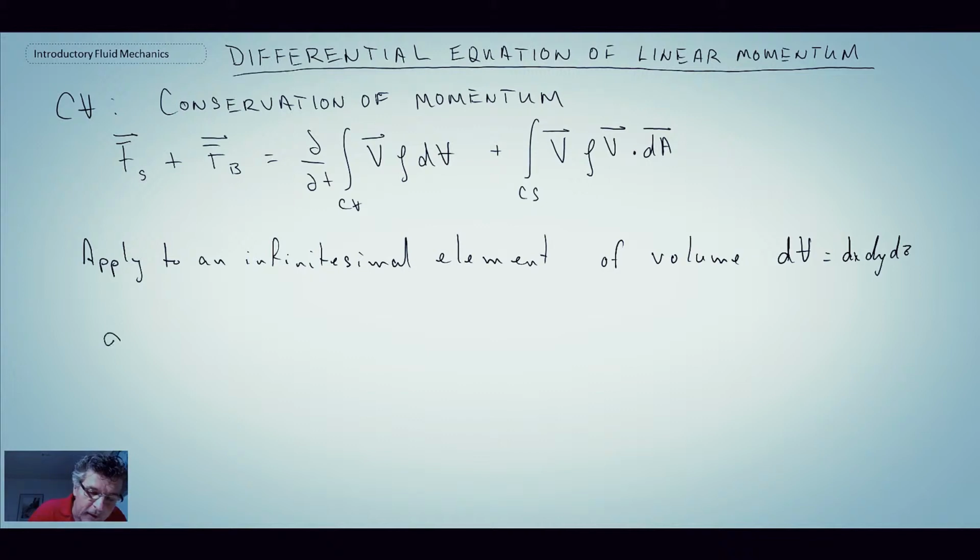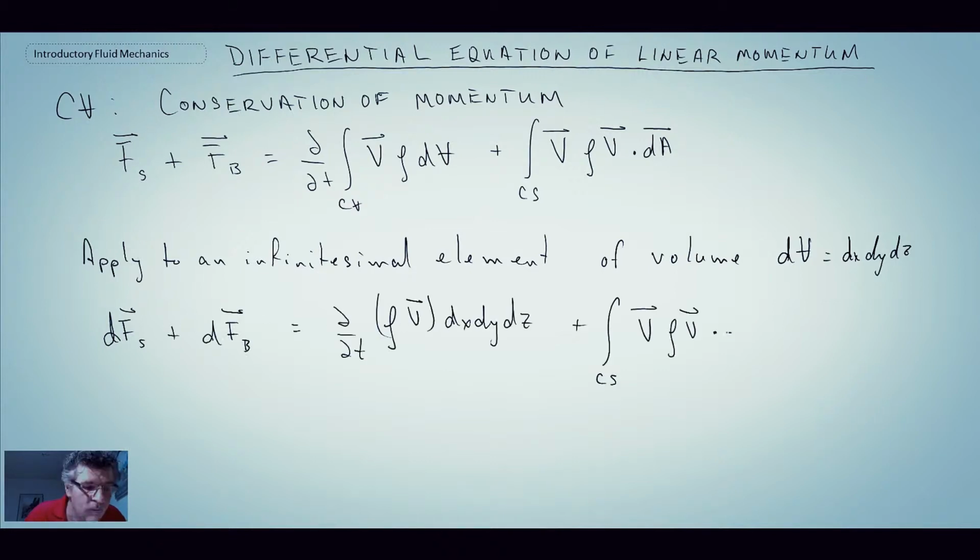Consequently, we can rewrite the conservation of momentum for that differential element. Okay, so that's what we get. What we're now going to do is take this and look at the x momentum flux in the little differential element that we're interested in.